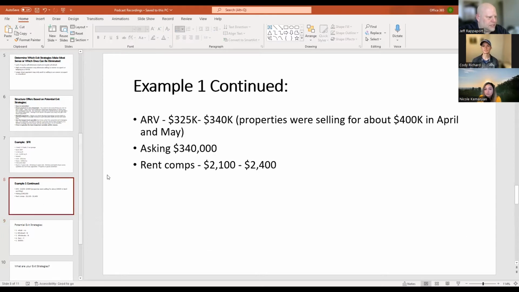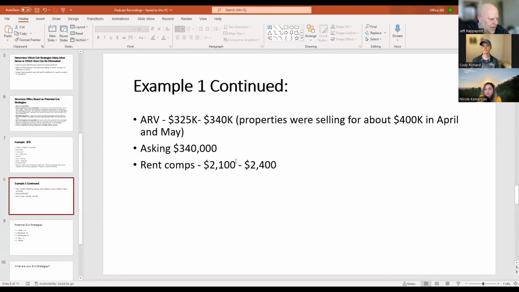Well, let's look at this for a second. If you're looking at a property that someone's asking 340 for and you can rent it for, let's say, 2100, and it was only cash, would that excite you? It would not excite me. I don't know if these numbers would work, but they'd be tight.